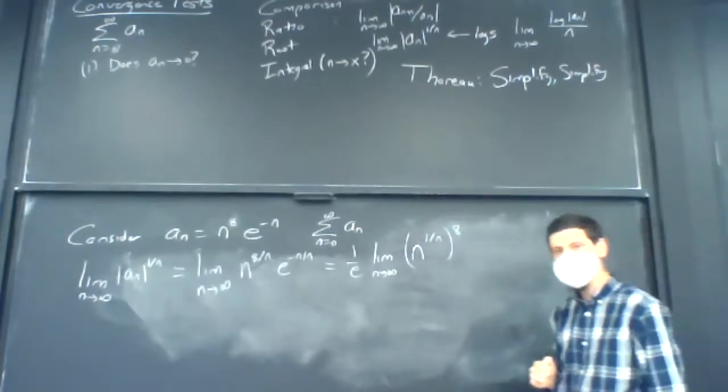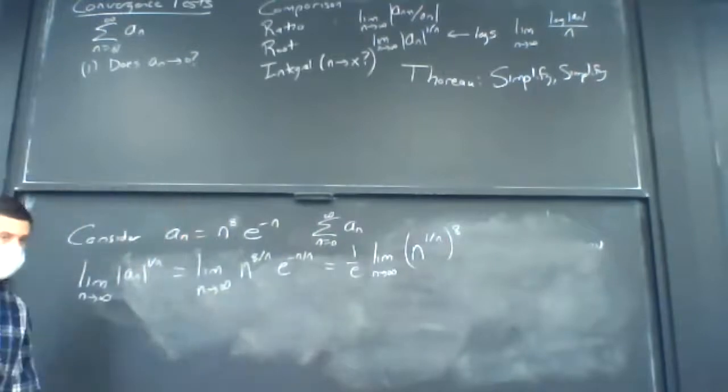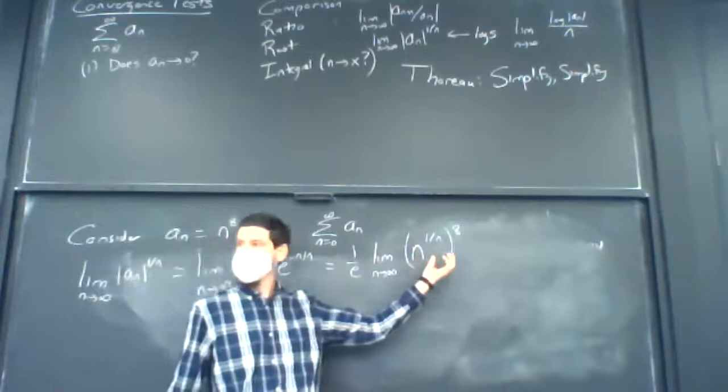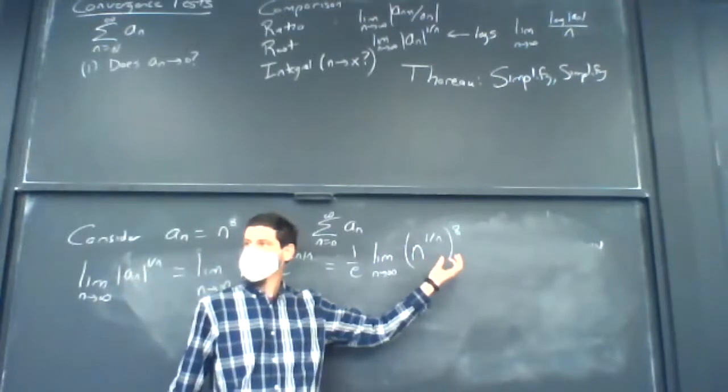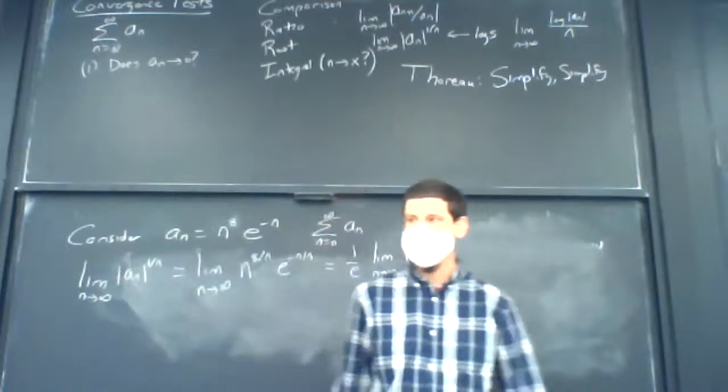And so you can see that this is an expression similar to what we had before. n to the 1 over n is a calculation we've done previously. What is n to the 1 over n? What does n to the 1 over n go to?